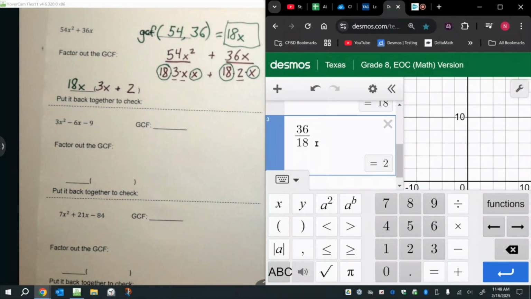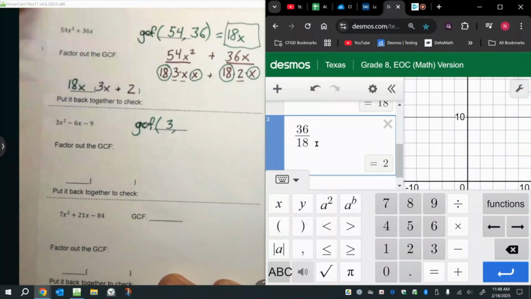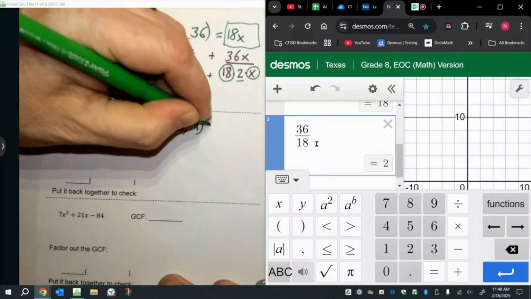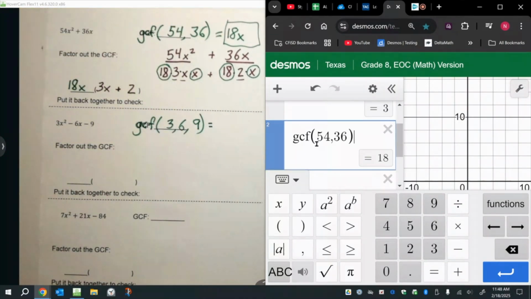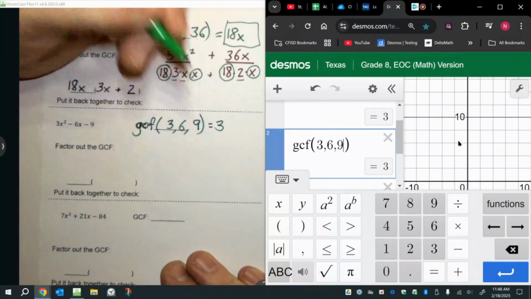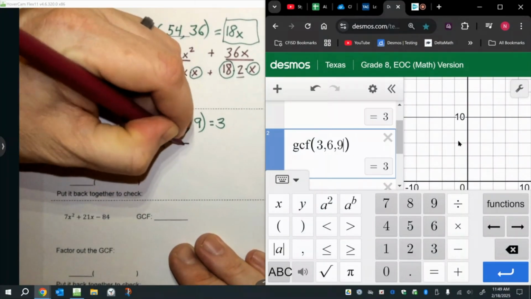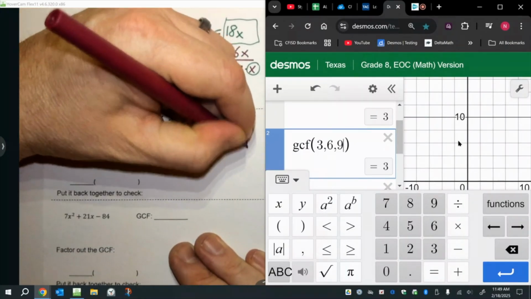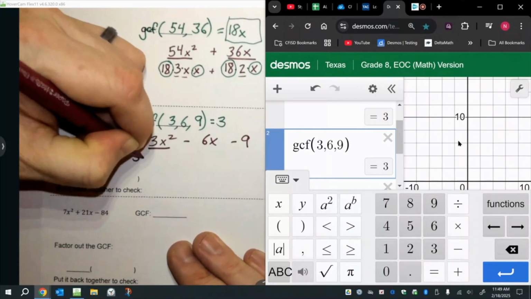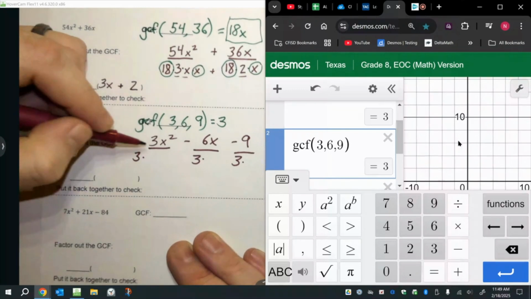All right. If I try the next one, I'm taking the GCF of 3 numbers: 3, 6, 9. So here we go. Go back up here. I'm going to do 3, 6, 9. Hey, it takes lots of numbers. So 3. So let's do this: 3x squared minus 6x minus 9. What else gives me this?